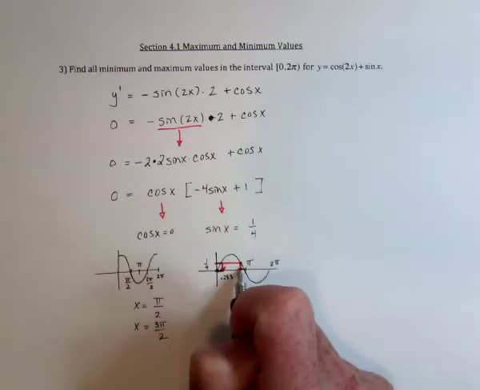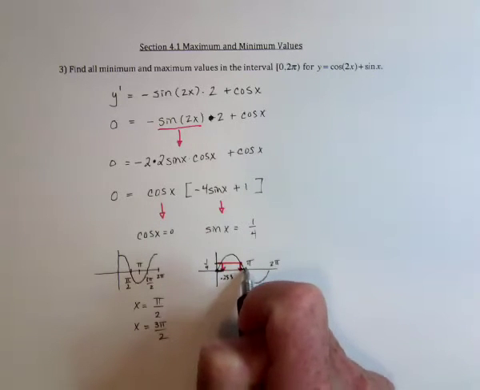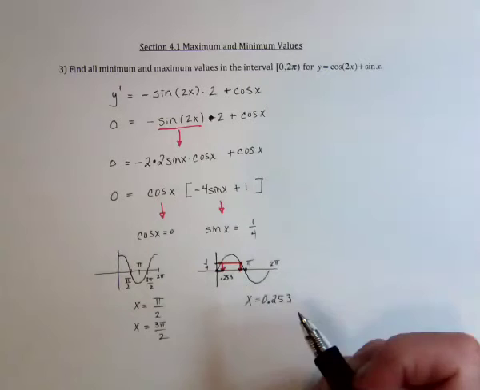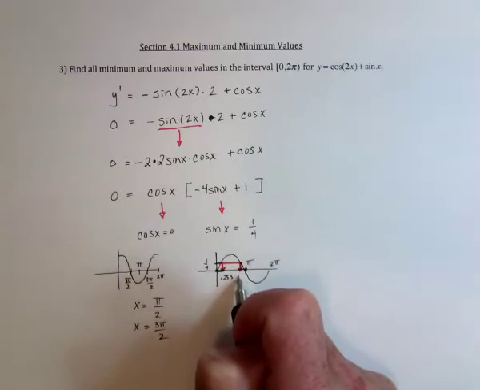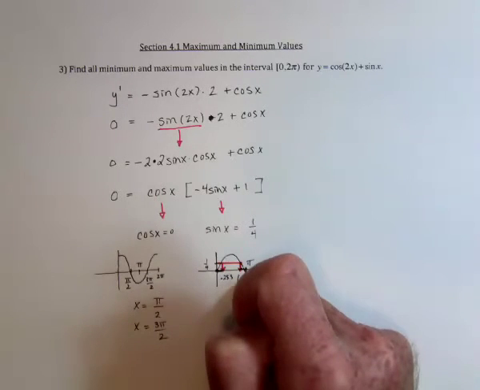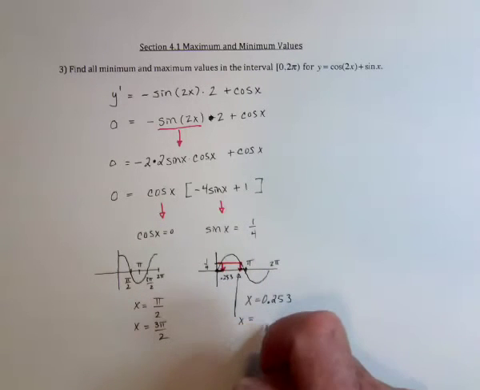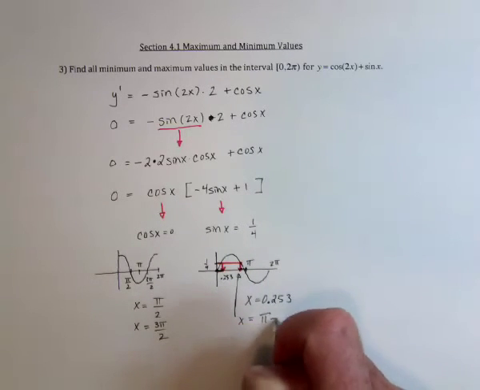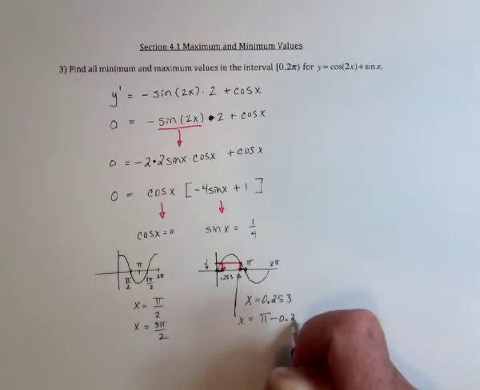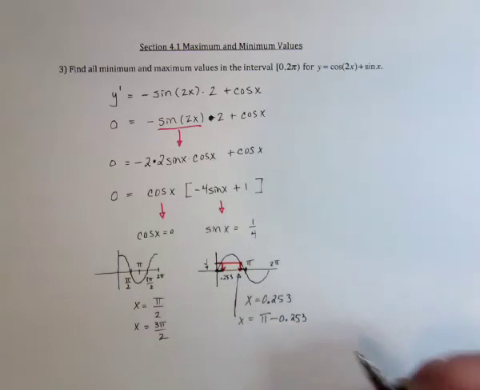Well, the same is true over here. So from pi, you'd have to go to the left by 0.253. So this last solution is going to be that x equals, so from pi, go to the left by 0.253.